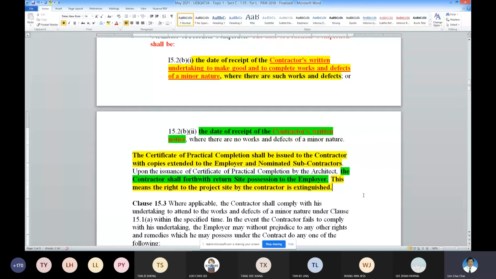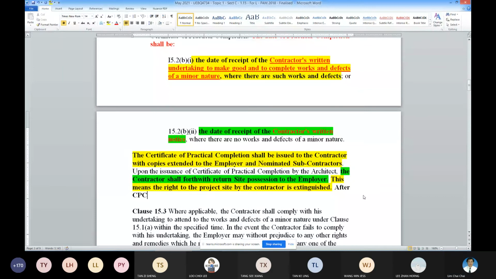After CPC, the contractor becomes a trespasser if he enters the site for defects liability works.